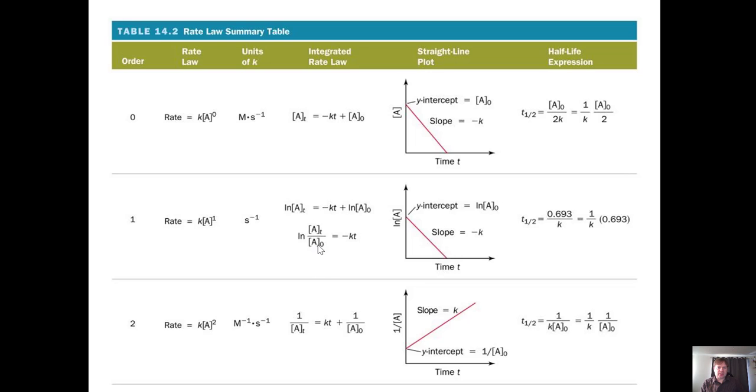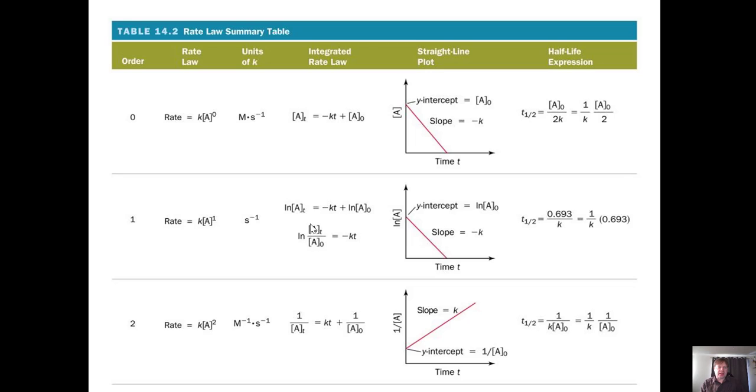We could put in some numbers here for initial concentration and concentration at time t. So let's have a default of 1 for the initial, and then at time t it would be half of that. So we would have the natural log of 1/2 over 1 is equal to negative kt.